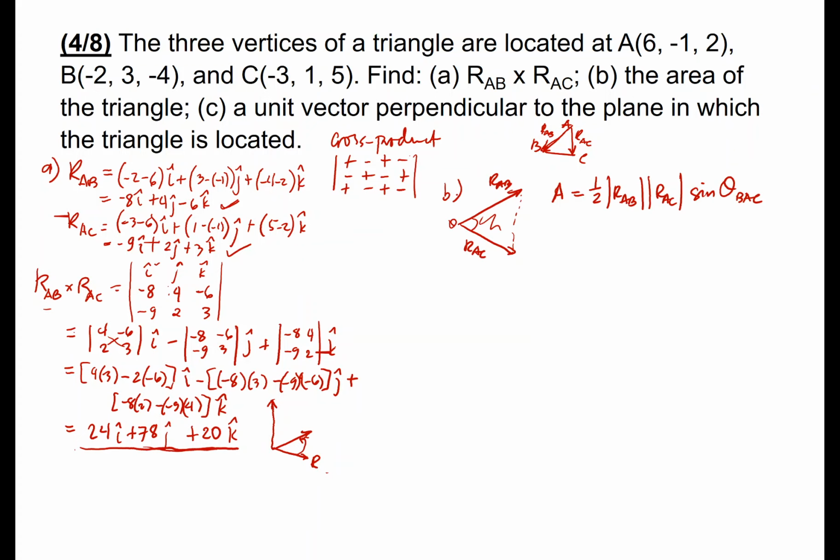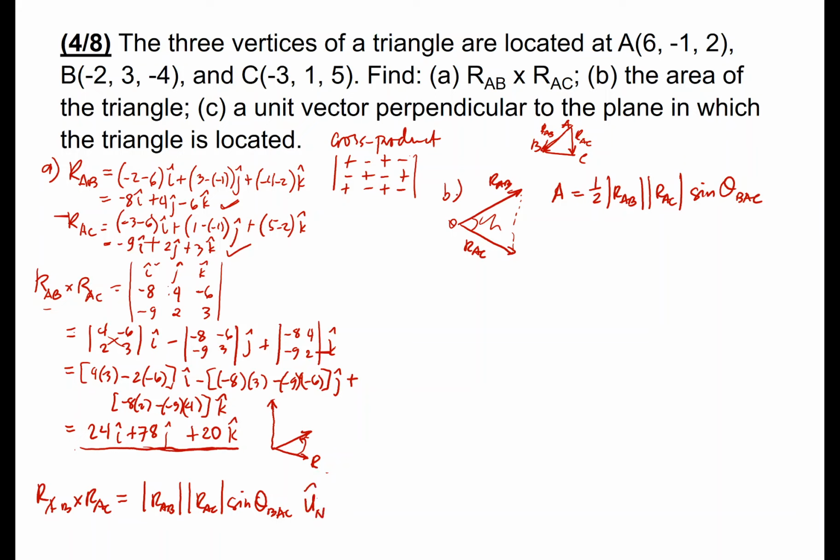So in this case, looking back at the formula for the cross product, RAB cross RAC is equal to the magnitude of RAB times RAC times sine of the angle theta BAC, times the unit vector. I will use a unit vector n.